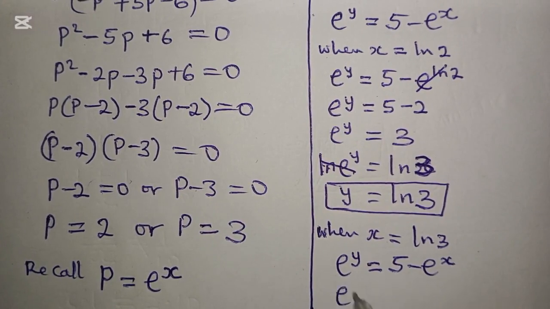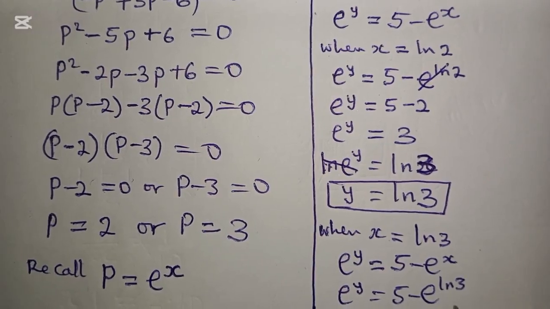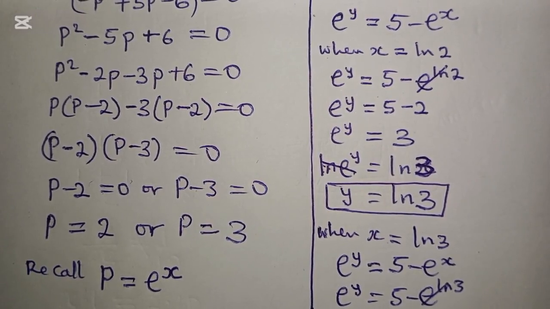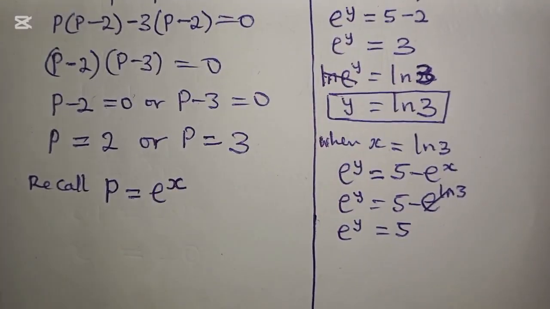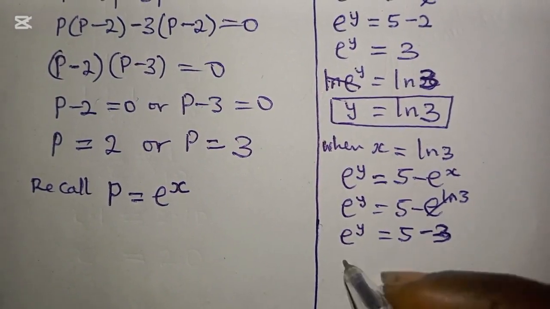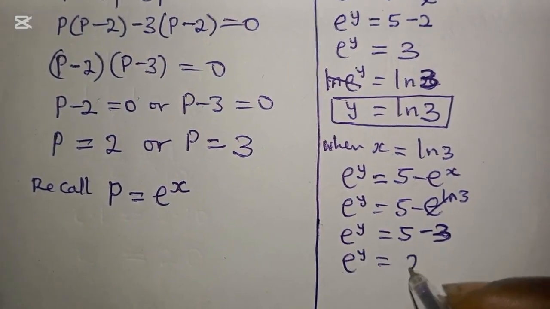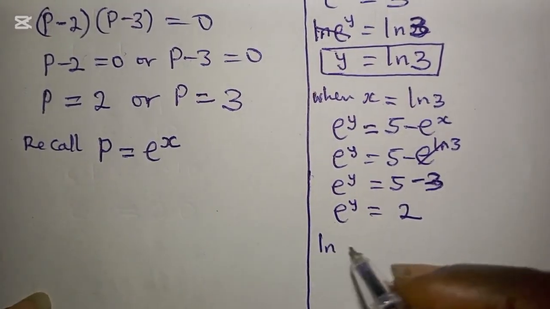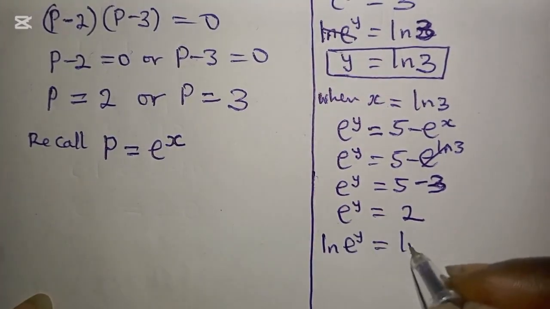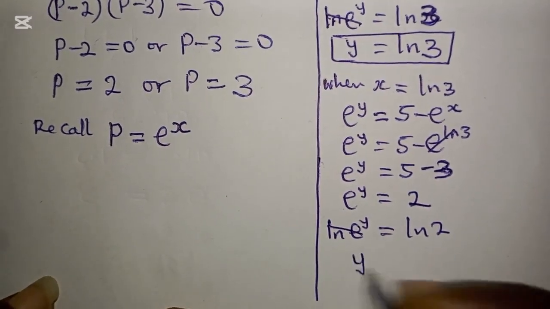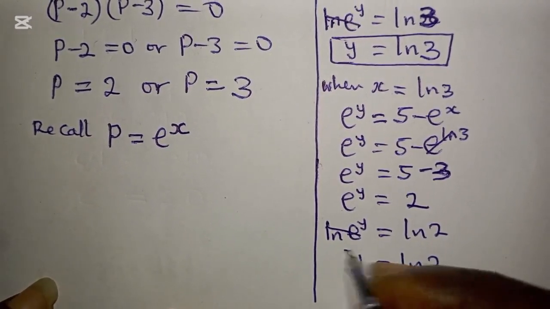So e raised to the power of y equals 5 minus e raised to the power of ln 3. The ln 3 and e cancel, so we have e raised to the power of y equal to 5 minus 3, which is 2. So we find the natural log of both sides. ln e raised to the power of y equals ln 2. So this cancels, which means our y equals ln 2.